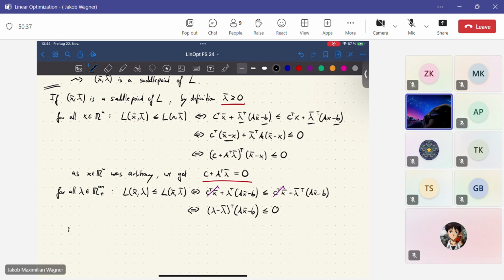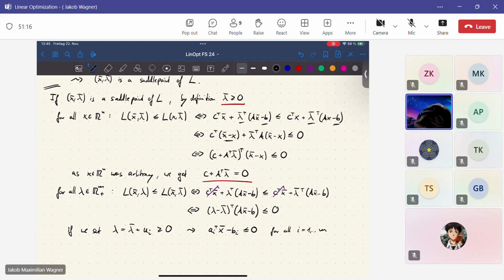So if we set the lambda to lambda bar plus the ith unit vector, which obviously, if lambda bar is non-negative and we add the unit vector, is still something that's non-negative, then we get out that a_i transpose x bar minus b_i is less or equal than 0 for all i from 1 through m.